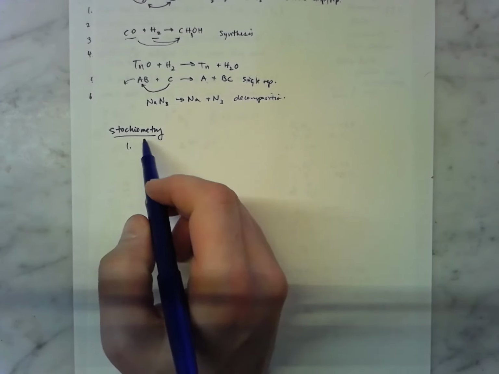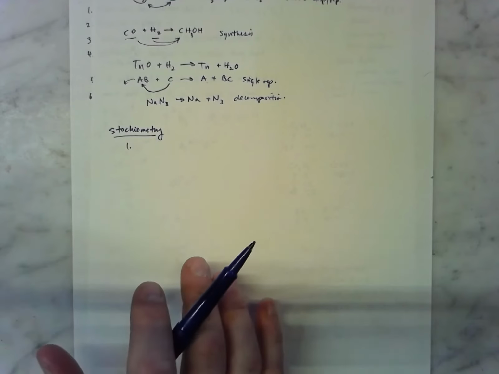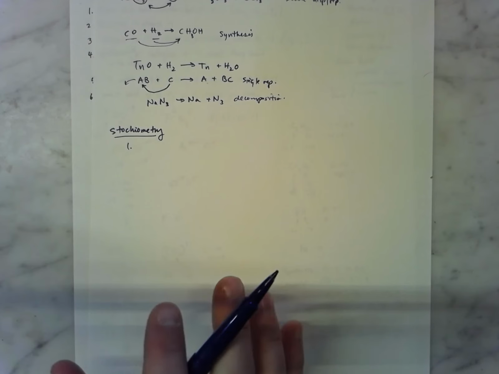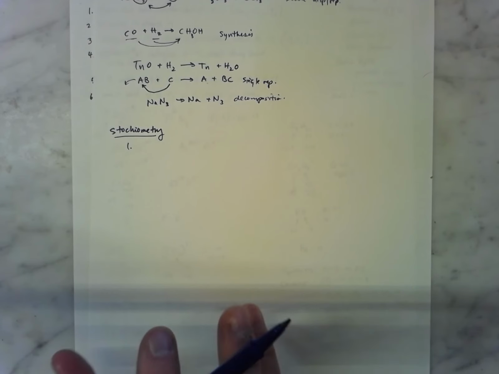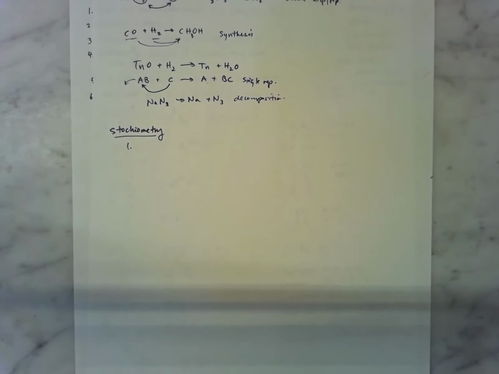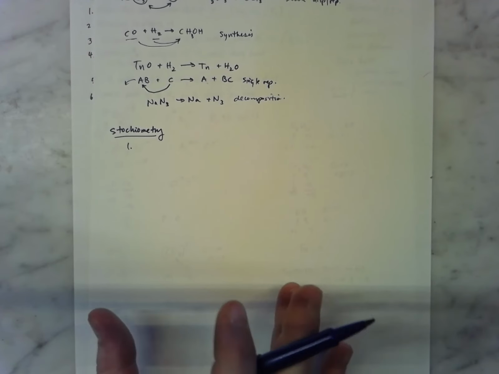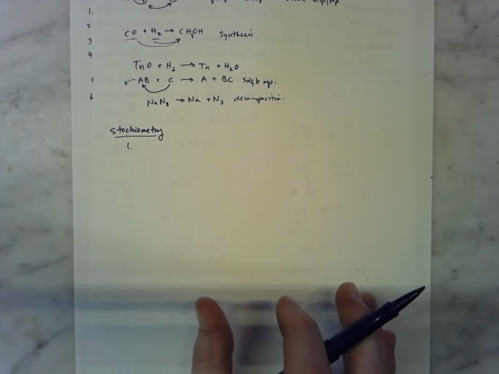The purpose of stoichiometry is that if I've got X amount of this thing and X amount of that thing, and this is the chemical equation for what those two things do together, how much of the product is produced.